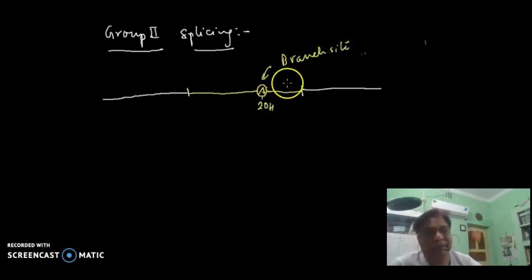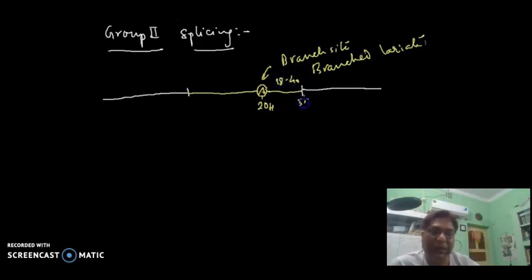After the intron is removed, it forms a branched lariat, a loop-like structure with a branch portion like this. This A site is located about 18 to 40 base pairs from the 3' end of the intron.